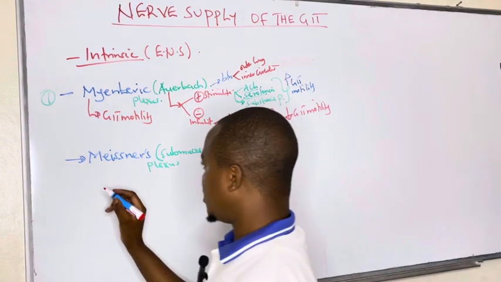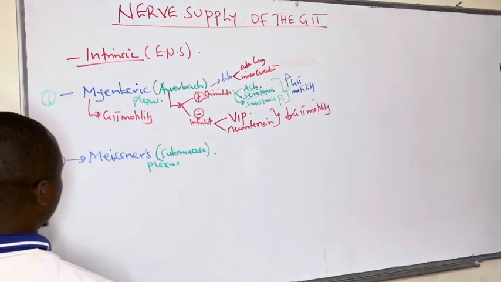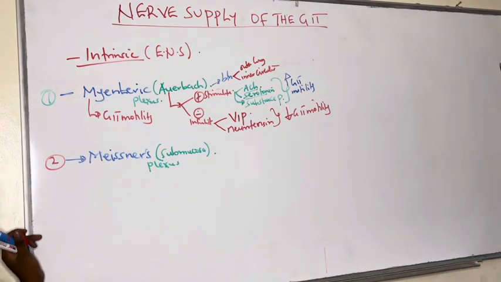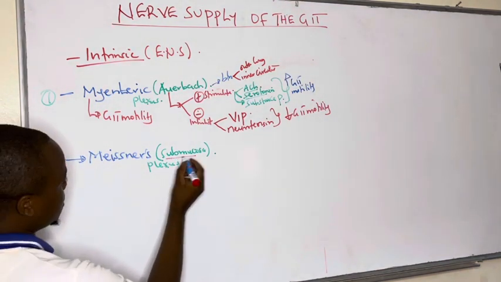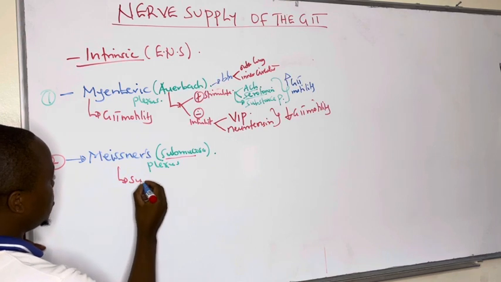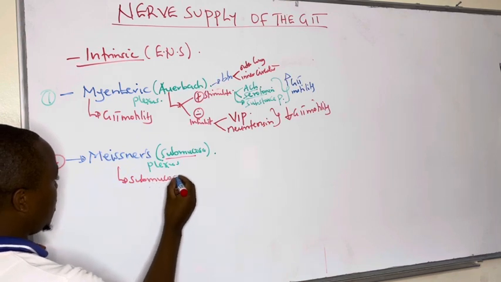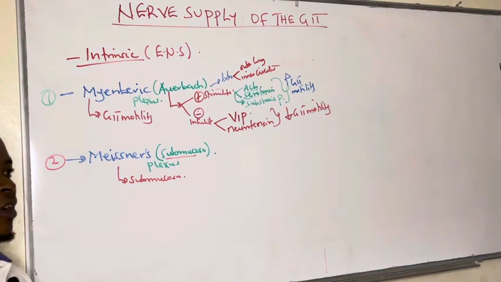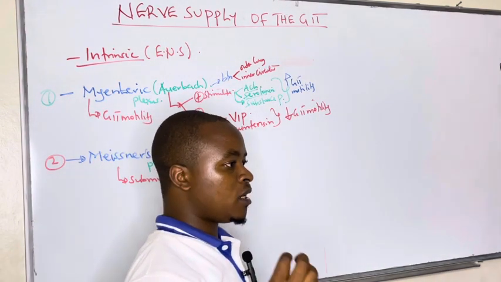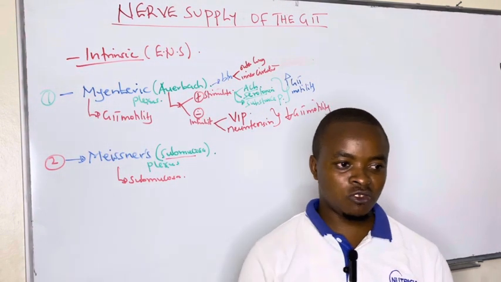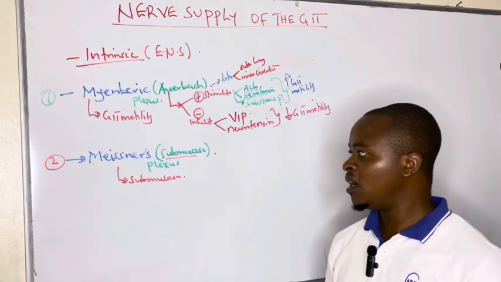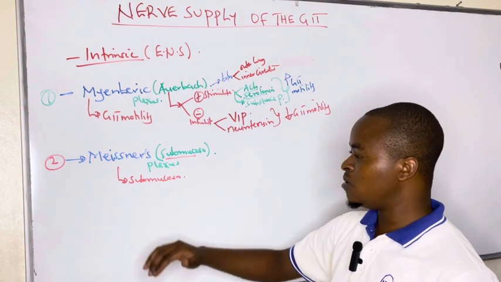Then the second is the Meissner plexus, what we call the submucosal plexus. As its name suggests, we find it in the submucosa layer. As we know that we always have 4 layers: the mucosa, submucosa, muscularis, and serosa or adventitia. This one is found within the submucosa.